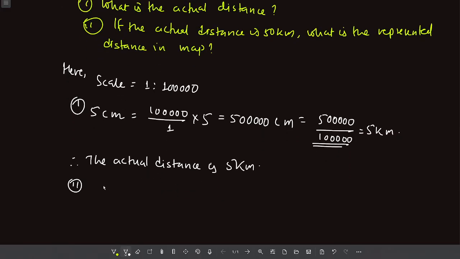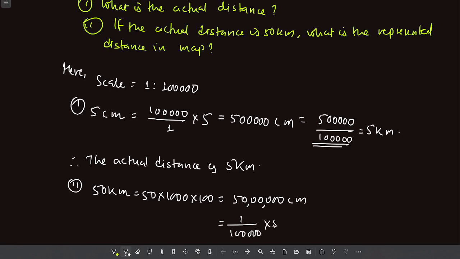And second one is we need to convert 50 kilometers into distance in map. So 50 kilometers means 50 into 1000 into 100. It is 50 lakh centimeter. Now which will be equal to 1 over 1 lakhs into 50 lakhs, like this.